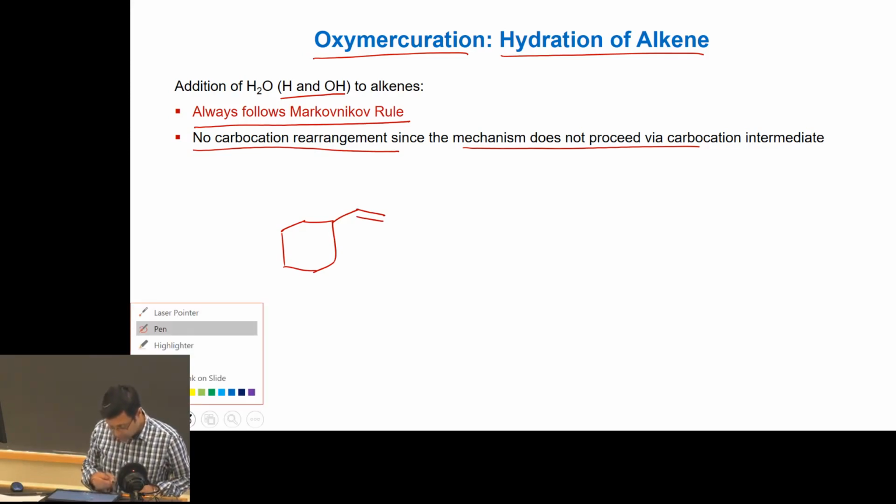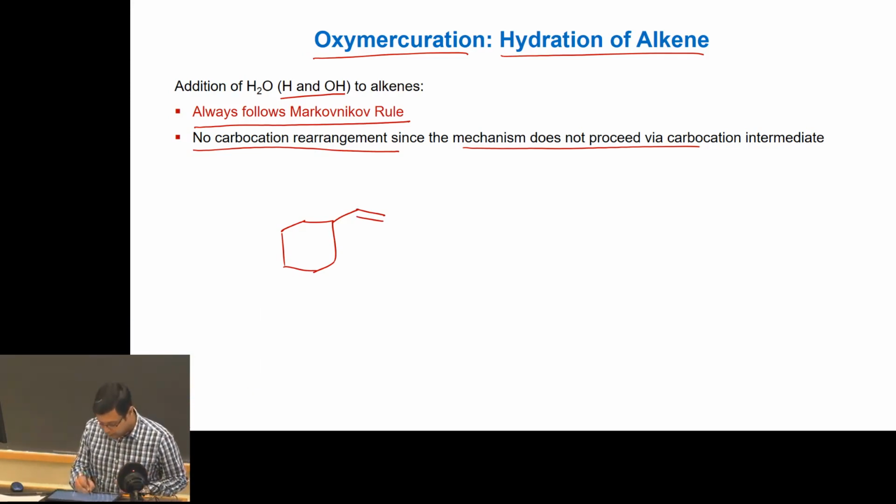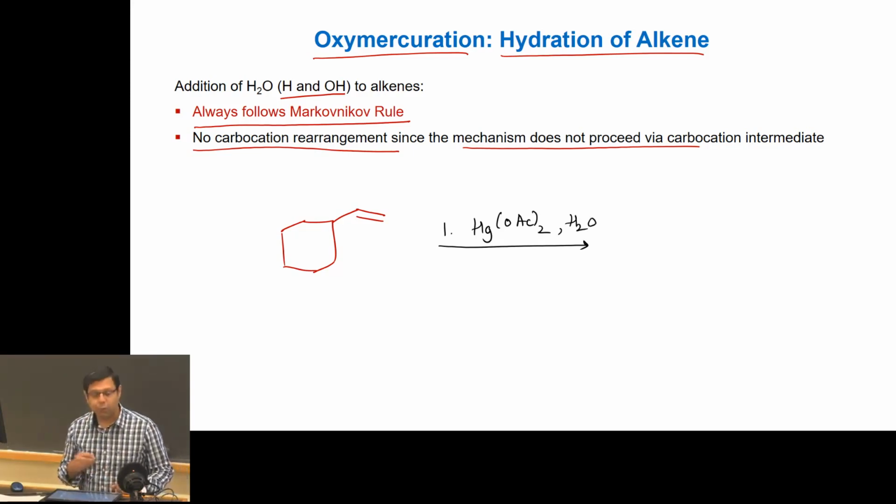So I'm starting off with the same alkene in the previous slide. The reagents in this reaction are Hg(OAc)2, water, that is step 1 of the reaction. The step 2 is NaBH4. Right? If I expand Hg(OAc)2, this is how it will look like.